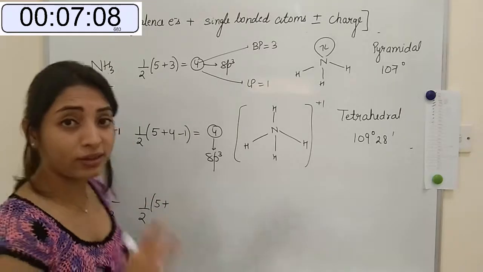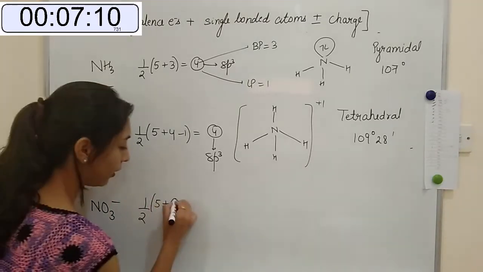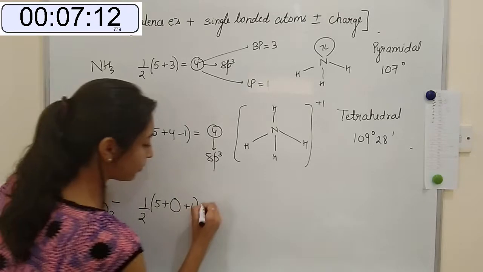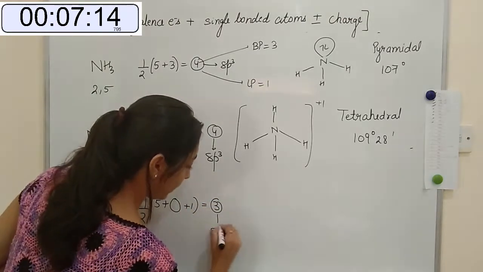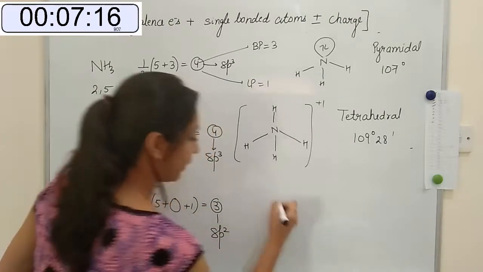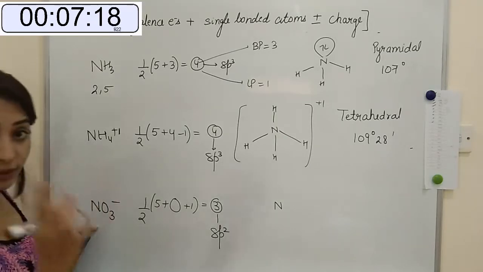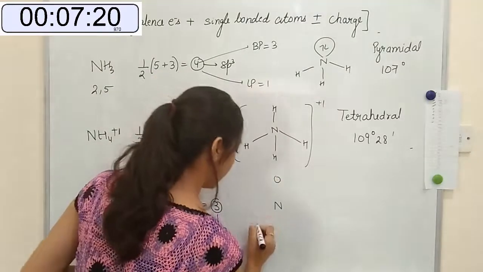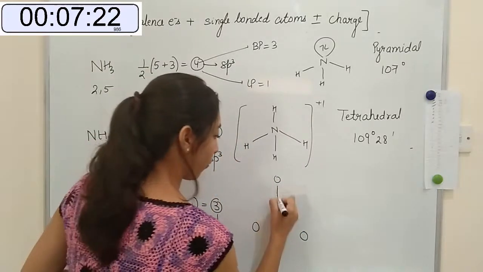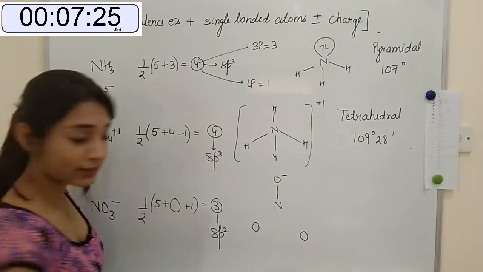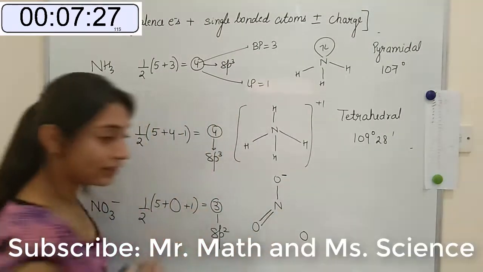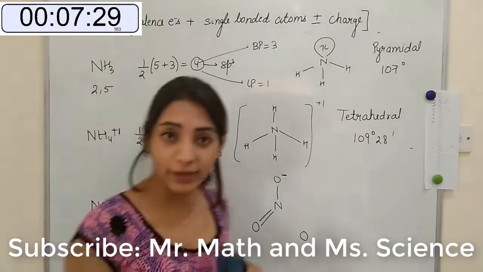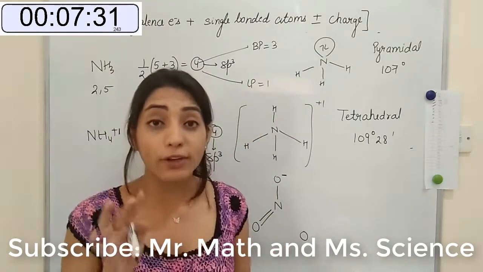Moving further to NO3 minus, half, 5. Be careful, oxygen is there, so put a 0. Now, minus 1 is there, so plus 1, so 3. 3 means sp2, N. Wait for a minute. So 3 oxygens are there. Put 1, 2, 3. Now 1 O minus is there, so I'll put minus. Now we know that 1 nitrogen gets attached by double bond. But I told you nitrogen cannot form 5 bonds.